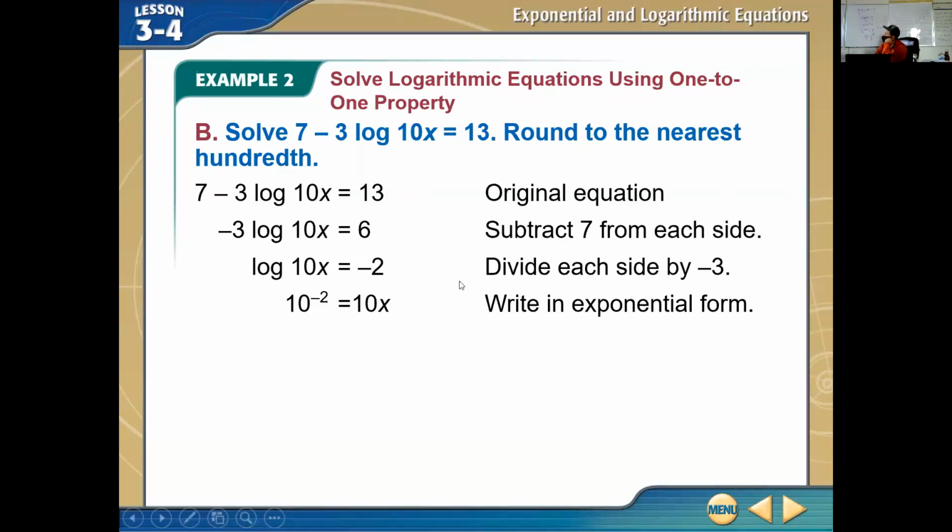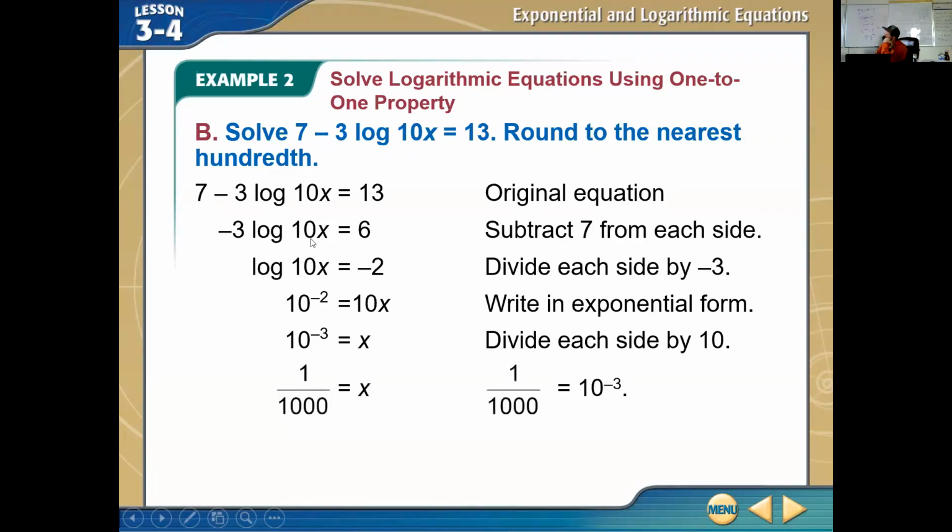And then once you divide by 10 on both sides, you get 10 to the negative third, or 1/1000th. You can write it into a fraction. I would have just left it 10 to the negative third. But that's okay.